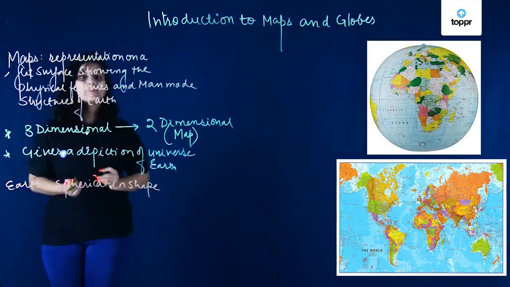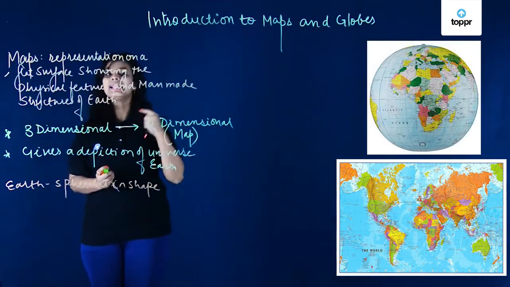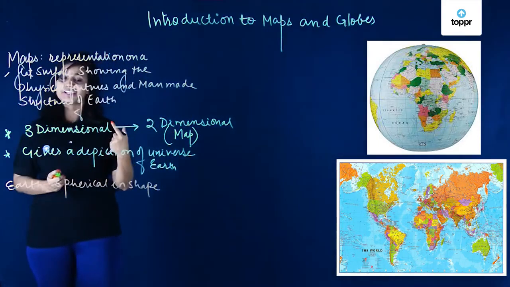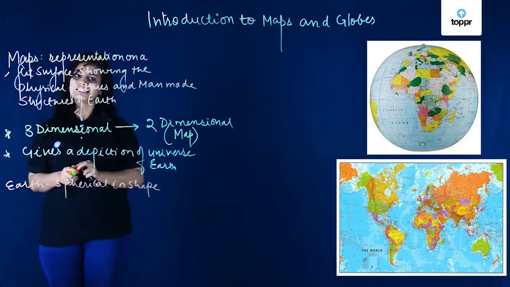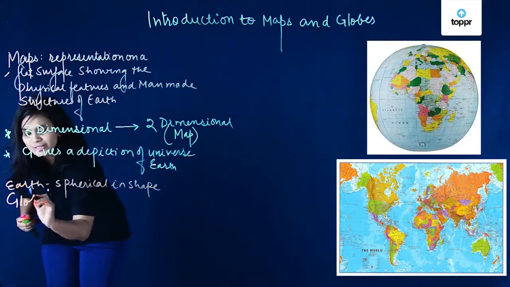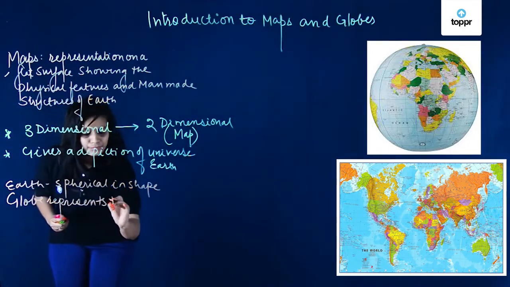So what we are seeing, our earth is flattened on the north side and the south side, and in middle it is rounded. So it is having a spherical shape. Now who is representing this earth? How do we know about the shape? You see, the globe actually represents the earth, right?